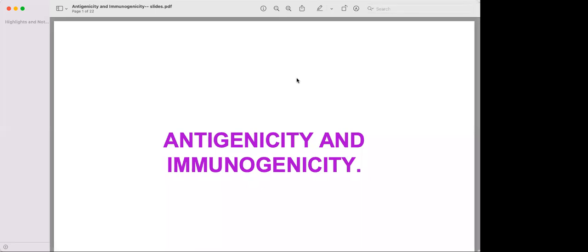Now, you must have defined the immune system as a defense mechanism capable of protecting the body against foreign intruders.